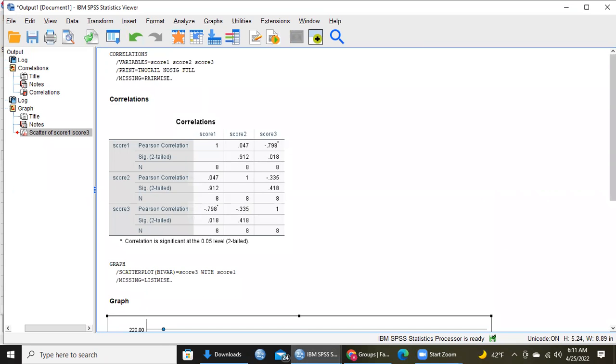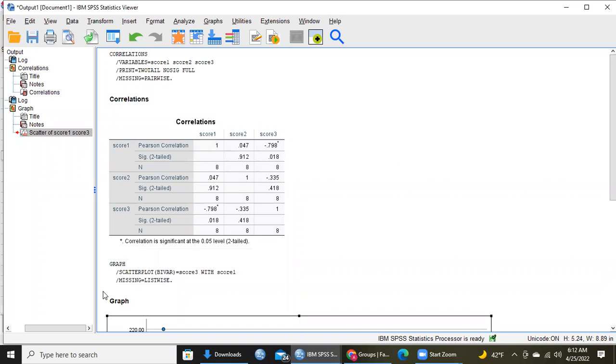So your Pearson's correlation is a matrix. And how it works is the rows will be the variables and also the columns. So it's a round robin. Score 1 will be compared to itself, which is always a 1, right?